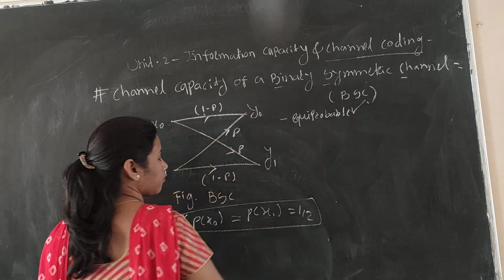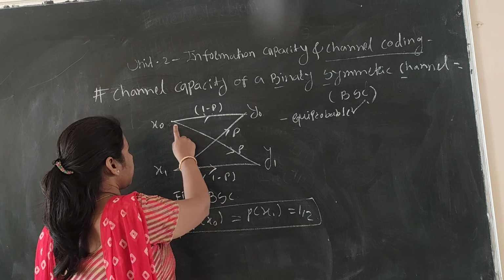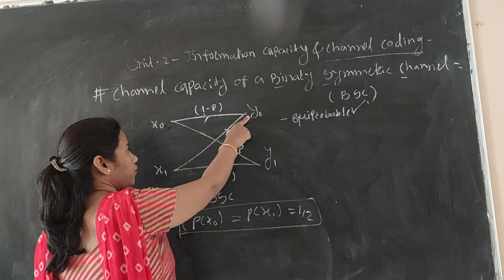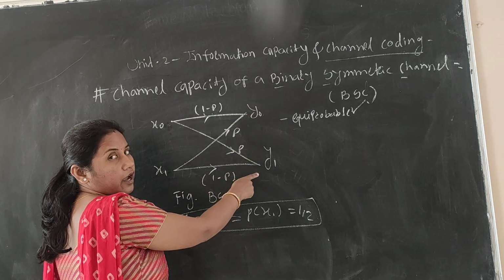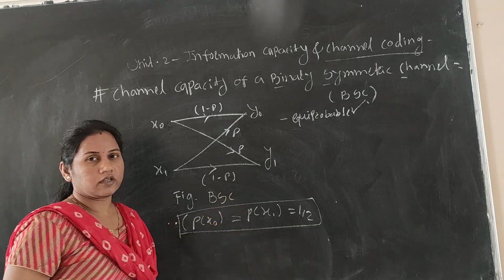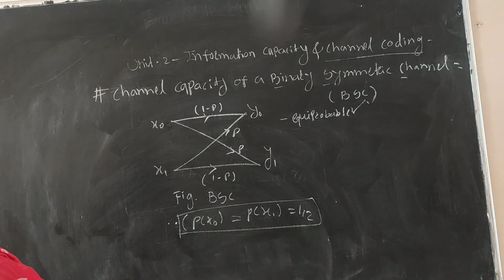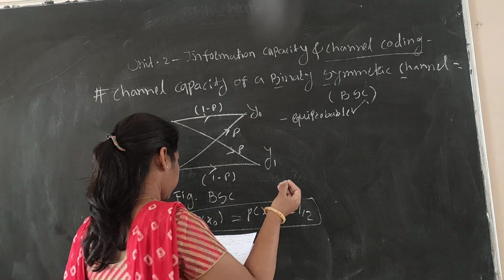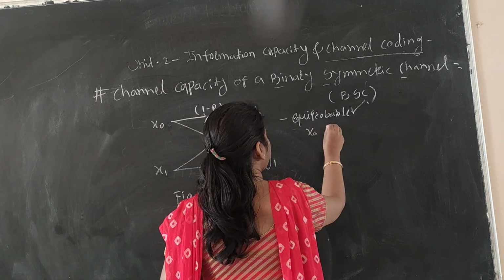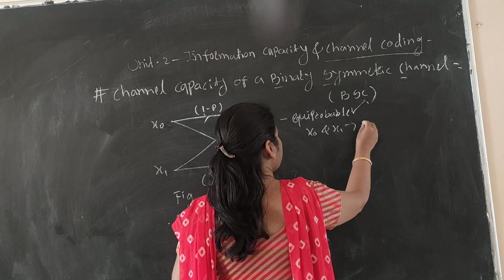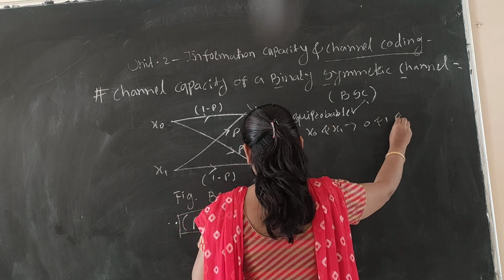That's why there is a 1 by 2: half the information goes to y0, and the remaining half goes to y1. The information x0 and x1 are 0 and 1 respectively.